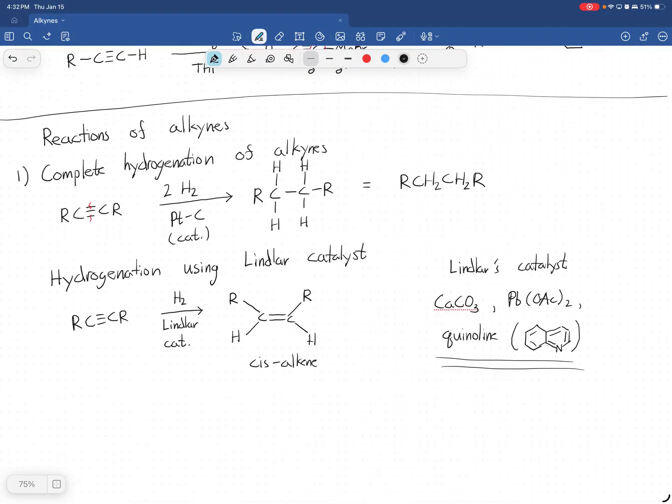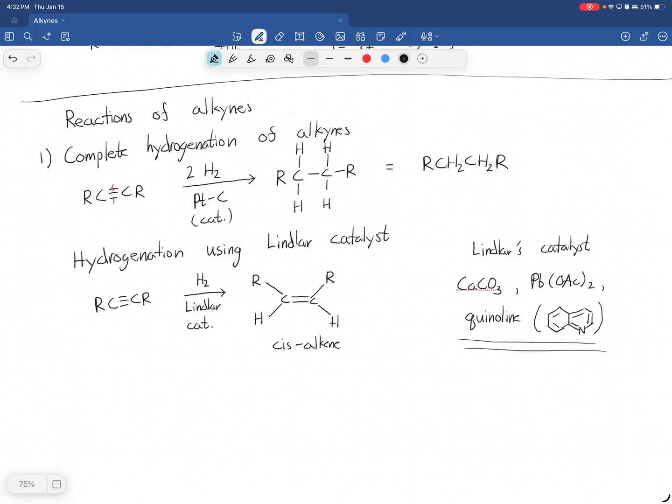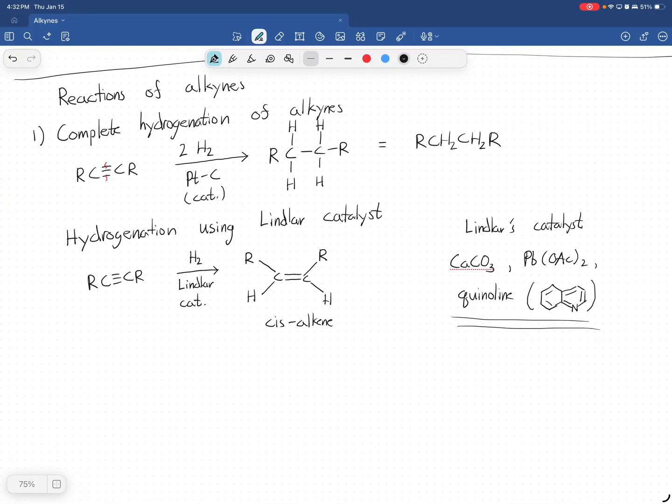Okay, so let's go over the other method. So if we can make cis alkene, what do you think it will be useful? What other alkene do you think we would like to form from an alkyne? Yeah, the trans alkene. If we have cis, can we have trans as well?